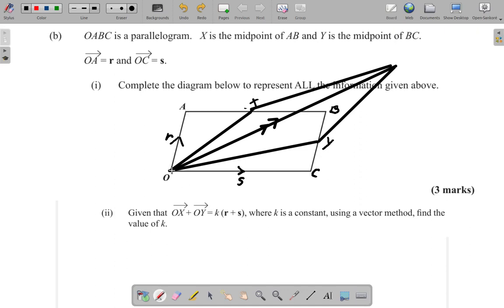Using the parallelogram rule, the vector R plus S, use a different color, would be this. If I drew this using a ruler and protractor or on graph paper, they probably would line up. Well, let me redo this part and try to make them line up.